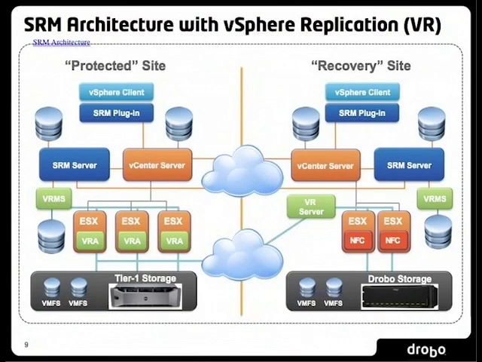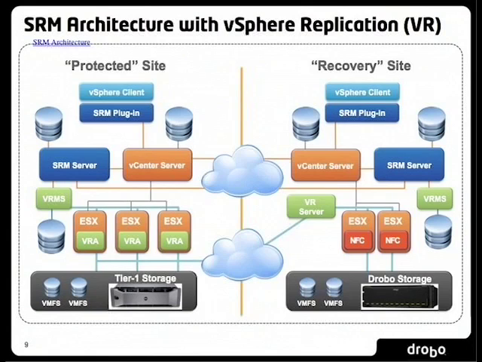You then simply deploy the appliances for vSphere replication, which is all GUI-driven and wizard-driven through the SRM UI. So you deploy the management appliance, which we show on the slides here as the VRMS, and then you deploy the captures mitt, if you like, the VR server at your target site, the recovery site, and then it's literally right-click on the virtual machines and you're good to go from that point to replicate.